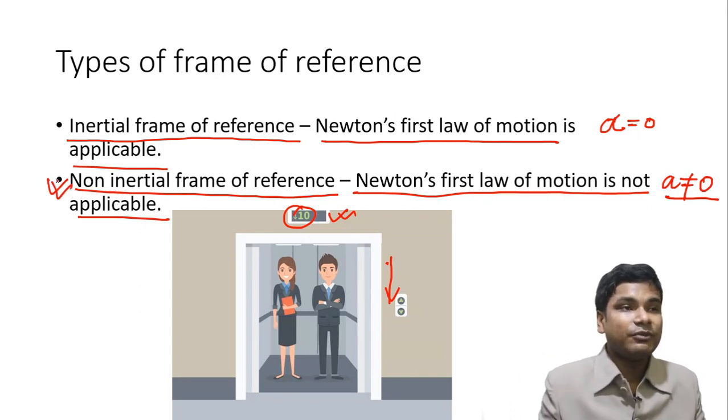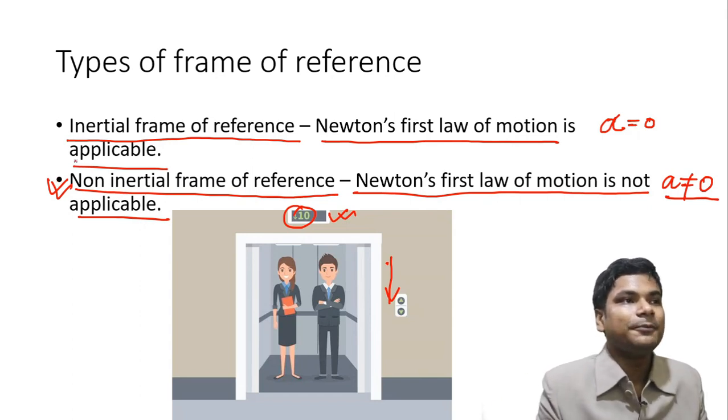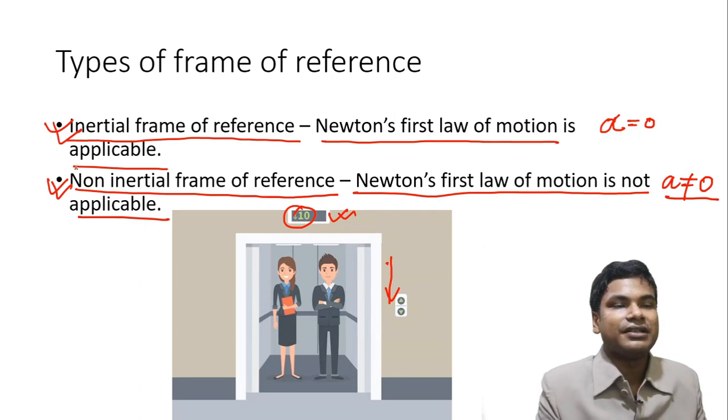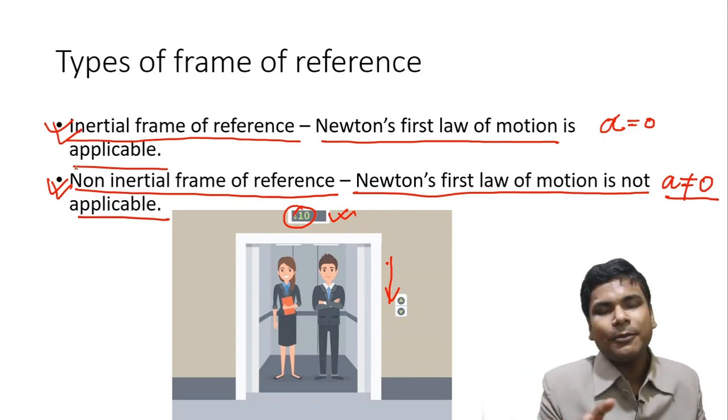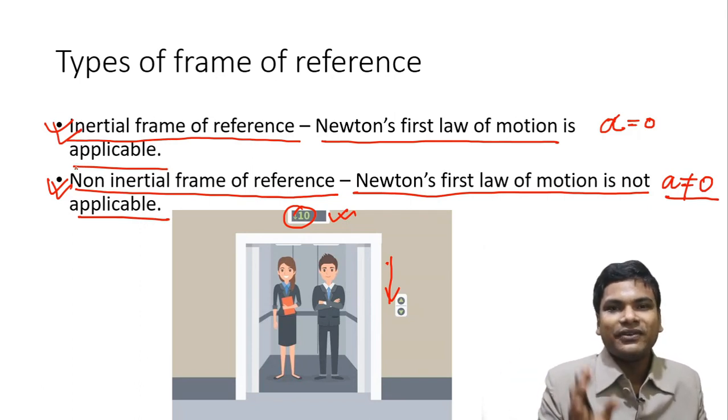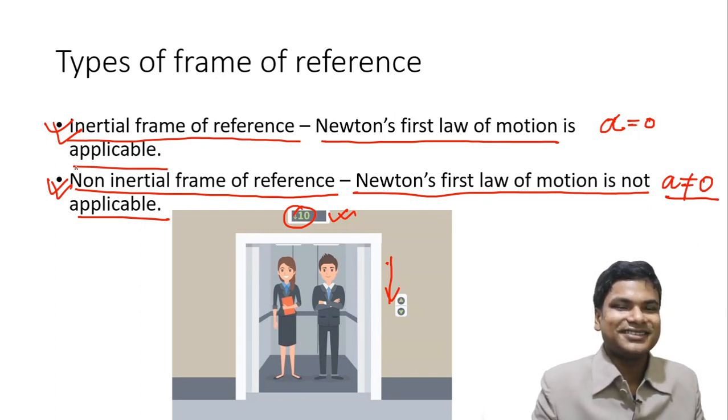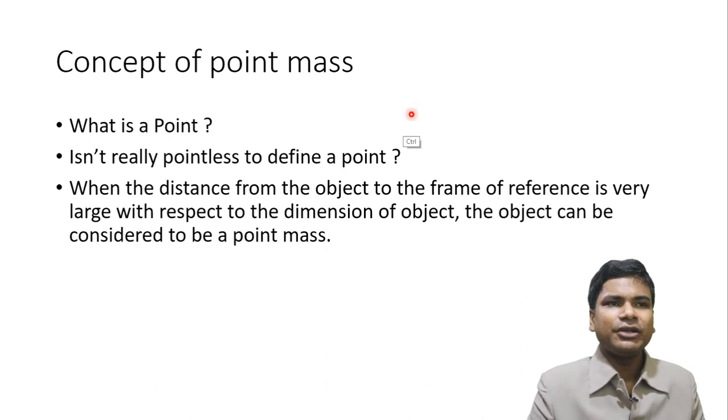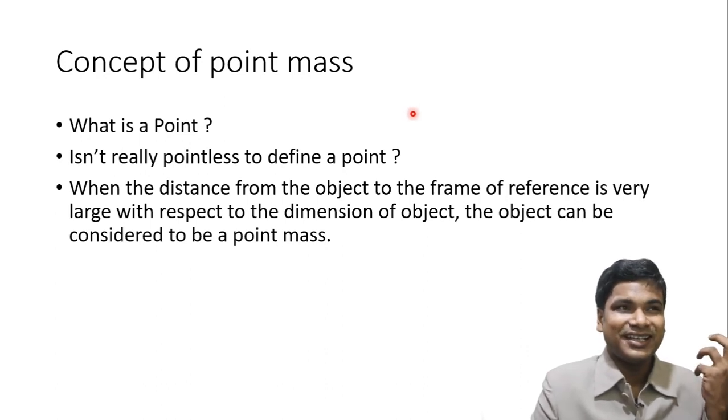Whatever frame of reference we are learning in this chapter will be an inertial frame of reference. That means we can apply Newton's first law of motion. So is it clear? Now let me take you to another very interesting point, that is point mass.